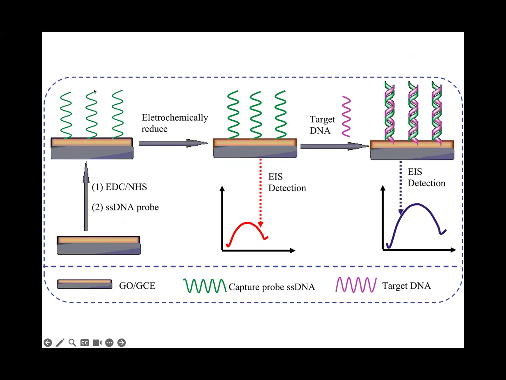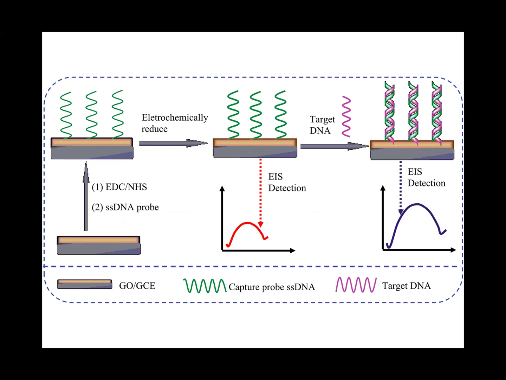This is the same principle. We have the DNA probe, and then it is exposed to the target, and then we have hybridization. But by using EIS, because it's a different principle from the voltammetry just now, we do not have oxidation reduction whatsoever. So this is what we can observe from EIS to confirm the hybridization. I would say that it is not really an accurate method because it is based on impedance.